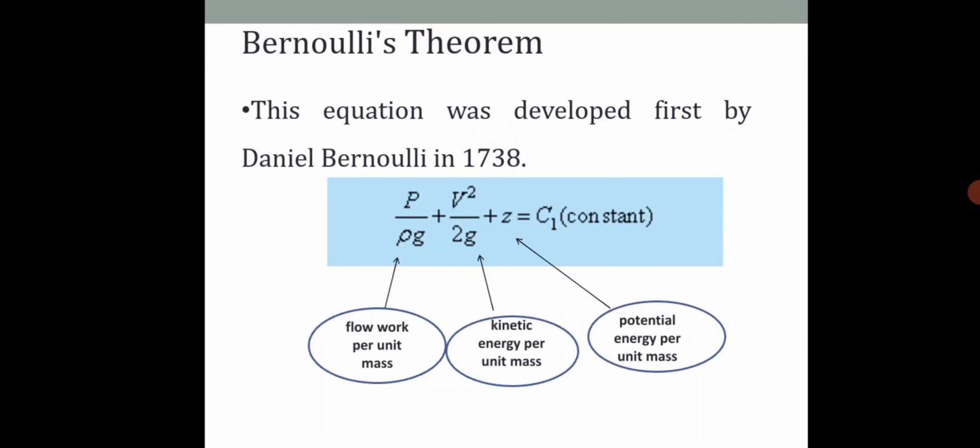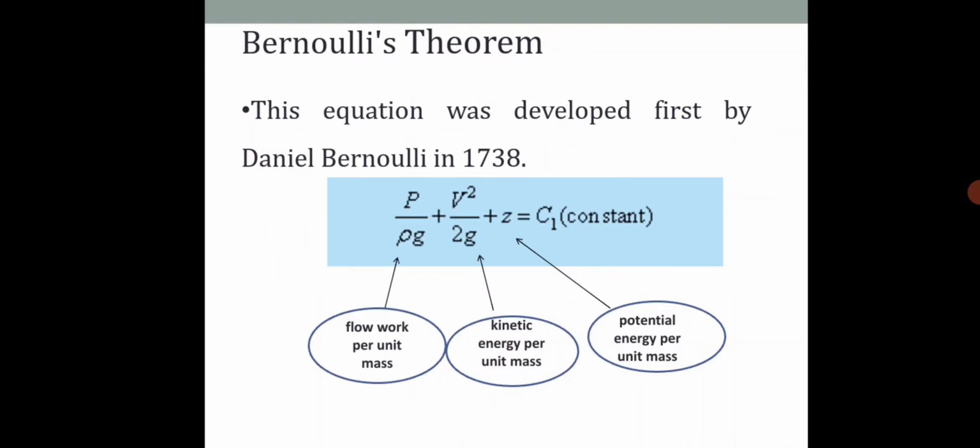Bernoulli's theorem, we had a glance at it in the previous session. The equation is P by rho g plus V square by 2g plus Z is equal to C1. This equation was developed in 1738 by Daniel Bernoulli.